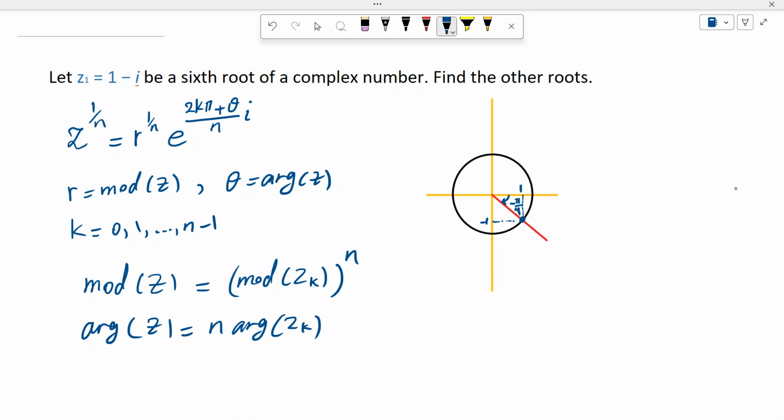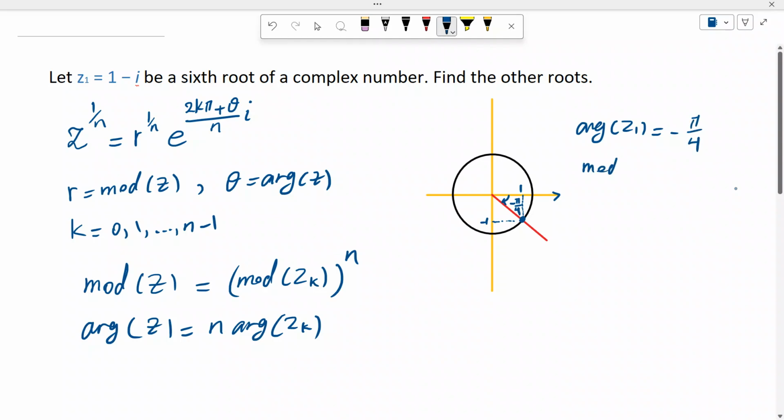Now, since we have one of them, and the one which is given is 1 minus i, real part is 1, imaginary part minus 1, so it is somewhere here. Now we can see that arg z1 is at this point exactly on the line y equals negative x, which is 45 degrees below the x-axis, so this is negative pi over 4.